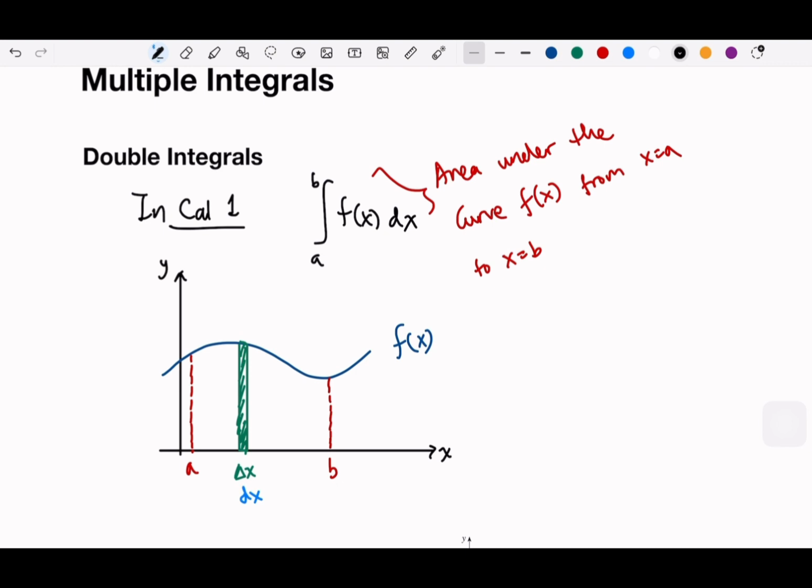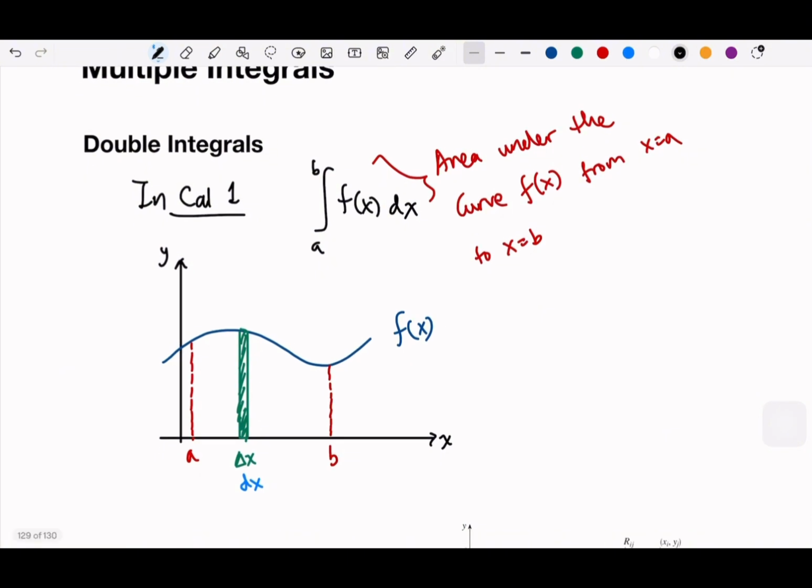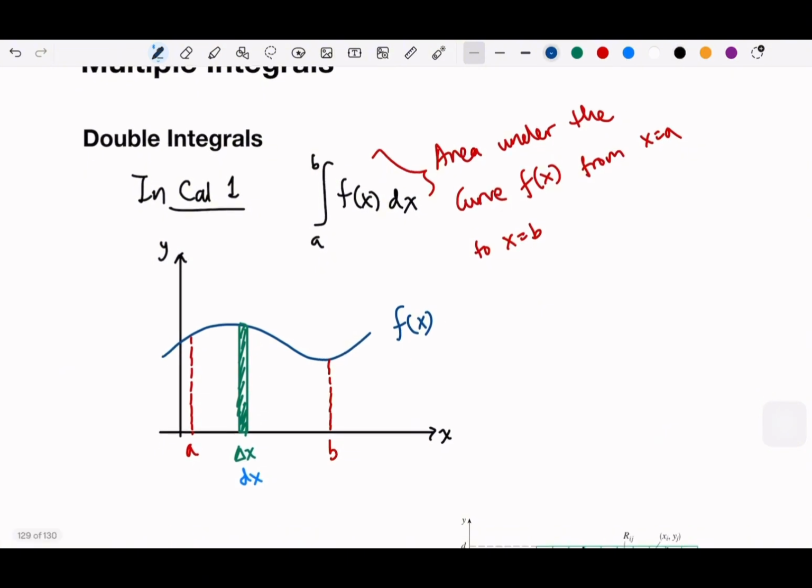So if we compute or sum all the rectangle components under this curve of f, this is what we call the definite integral, right? In terms of definition, we can write it based on summations, or we can call this the Riemann sum, the definition by Riemann.